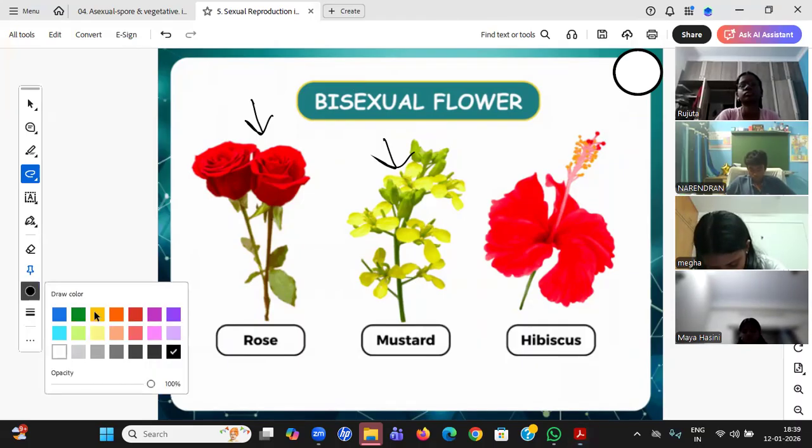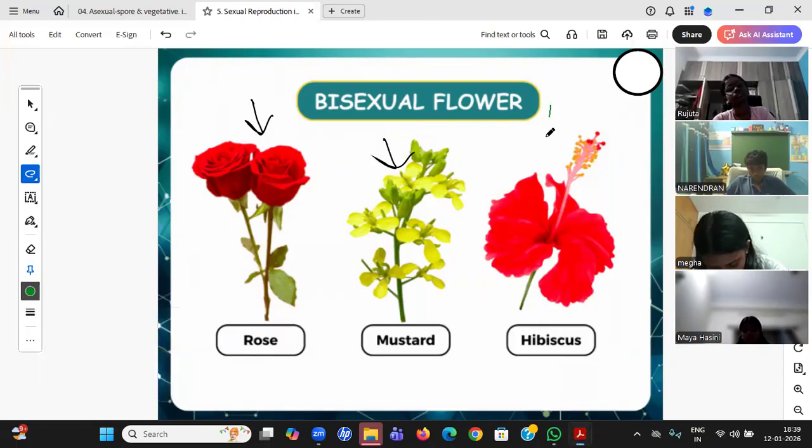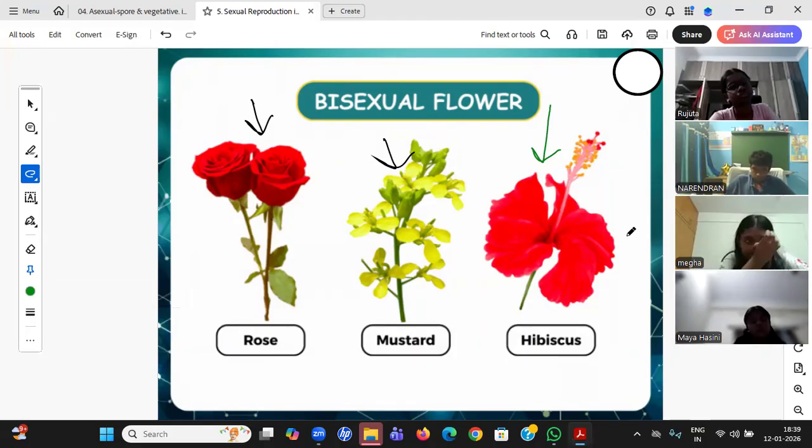Can anybody say where we saw this particular thing in chemistry? Which chapter, which topic? Sir, was it a part of checking whether the solution is acidic or basic? Yes, Maya right, Nandan right, Rujuta right.